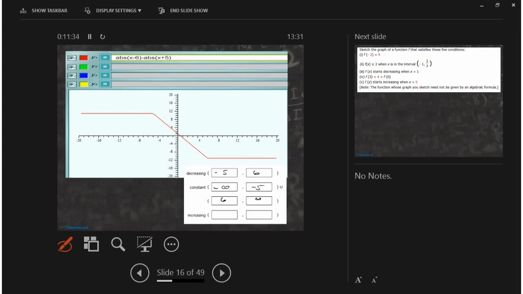Yeah, that's minus infinity. You have to because it's WebAssign, or else you can't check your answer on there. You could write it out in words on the test. You could say it's constant from way out there to -5. You could say it however you want. Increasing: nowhere.